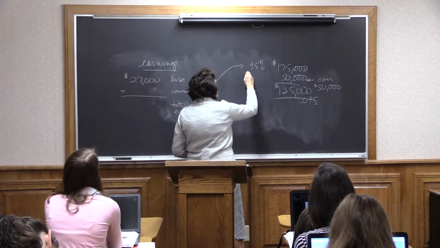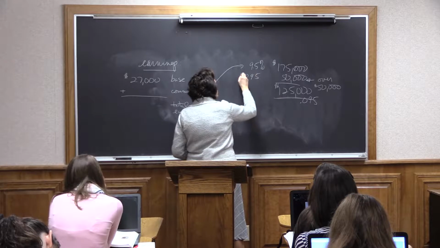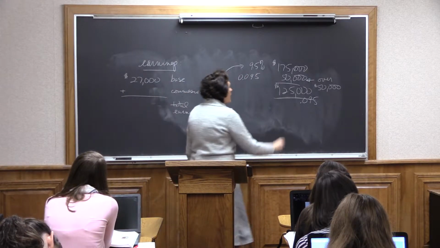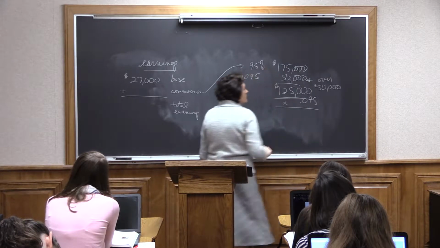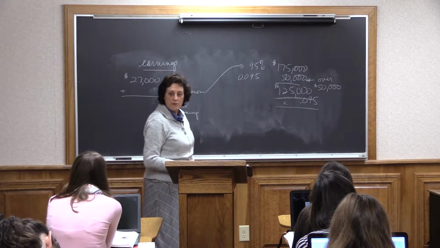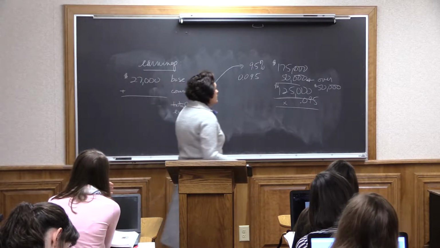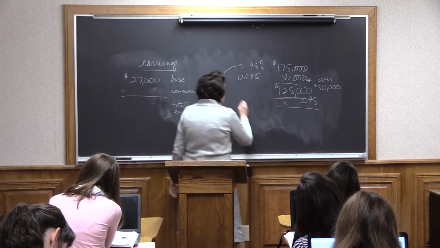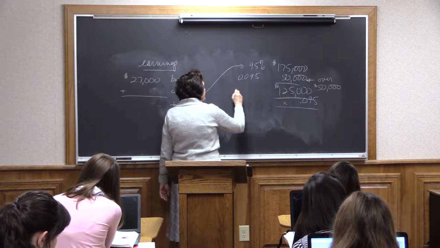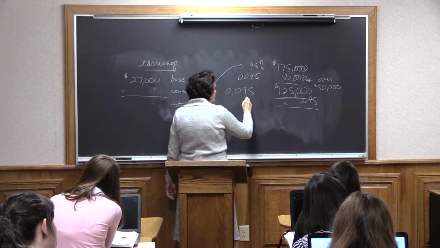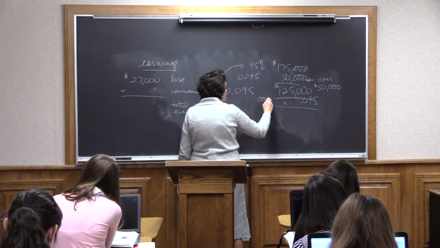I'm going to change my percent to a decimal using my two places, and multiply not by 175, but by 125. 0.095. Okay, so I think an easier way for me to do it is like this. I don't like all these zeros, do you?